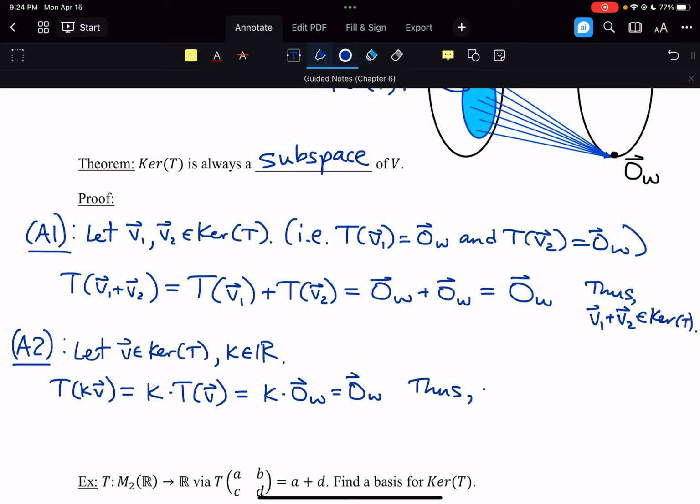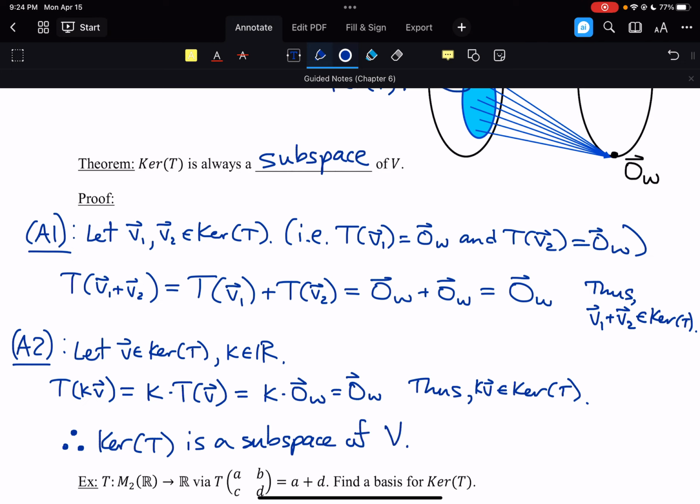So thus, K times V is in the kernel of T. So therefore, since we have closure under addition and closure under scalar multiplication, the kernel of T is a subspace of V. So it is a subspace of the input vector space. That is where all the elements of the kernel are.